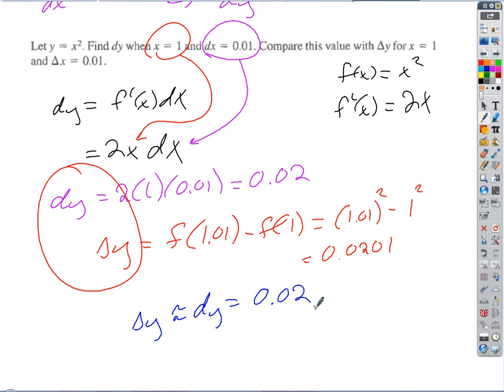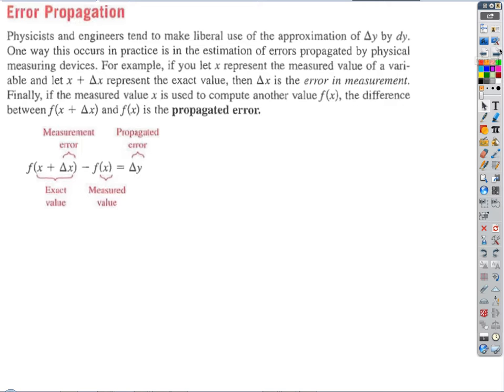Okay, let's use that to our advantage. One thing we do with this a lot is make quick estimations of error propagation. We talk about that a lot in physics, right? So if we're going to propagate an error, for example, let's say we're going to mill a cube out of metal, and there's going to be a certain tolerance for how accurately we can measure the length of each side.